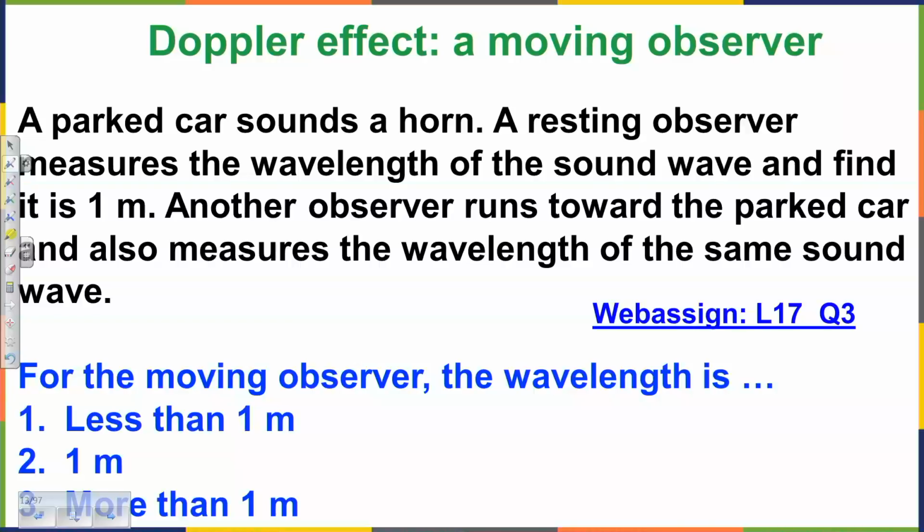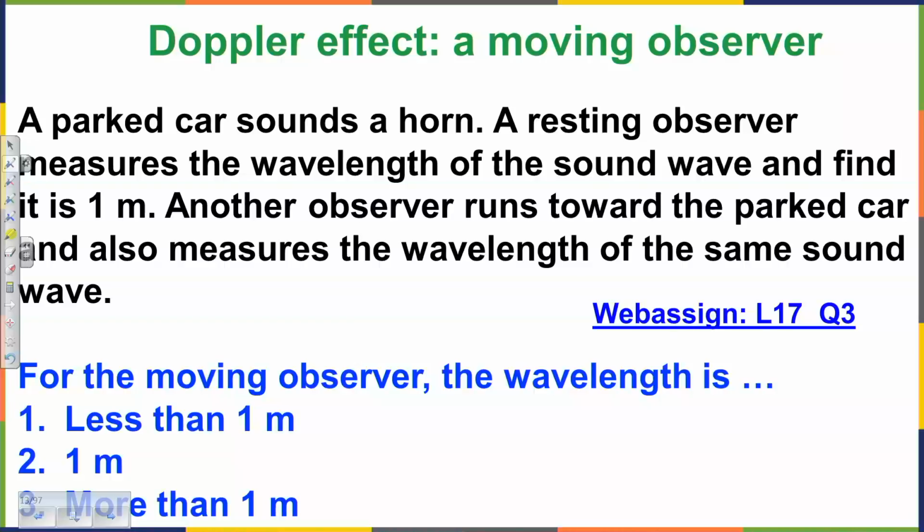And we always have an imaginary and real observer resting on the ground, but also an observer which is moving. And those two both measure the wavelength of the sound wave traveling through them.